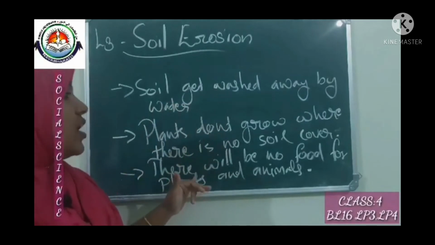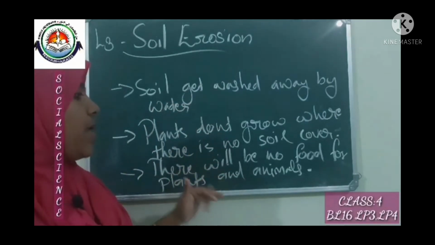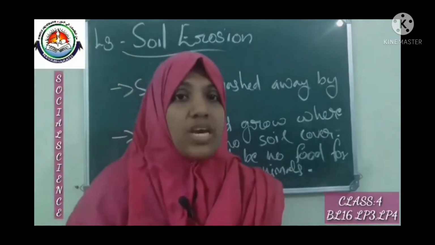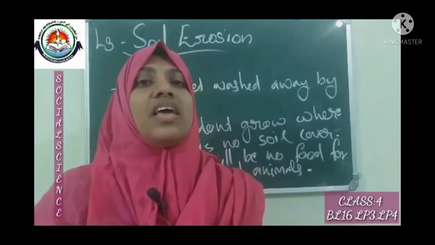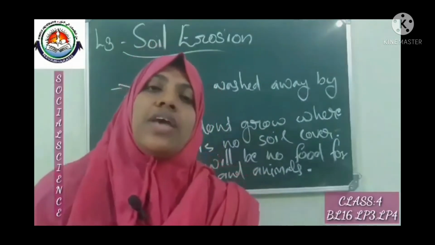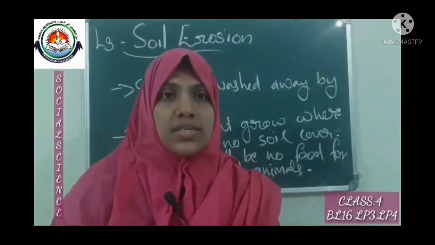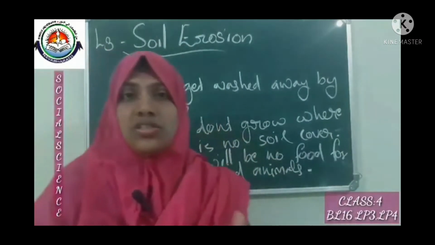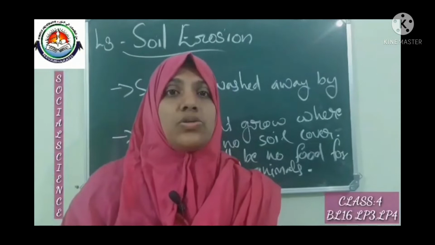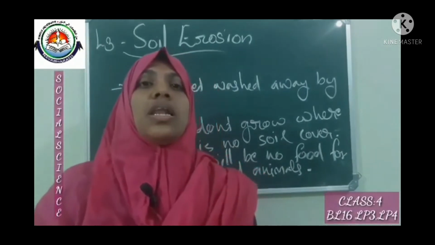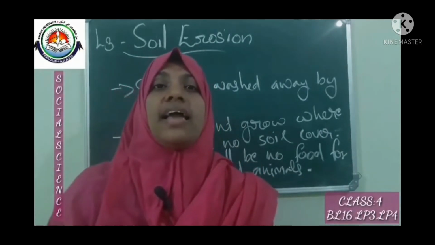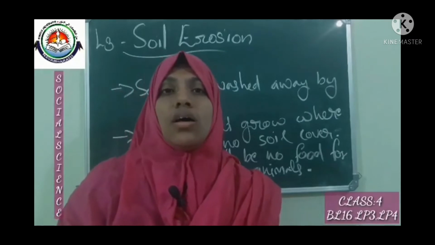There would be no food for plants and animals. So we have to plant more trees. I hope you understand what soil erosion is, and how soil erosion affects animals' and humans' lives.